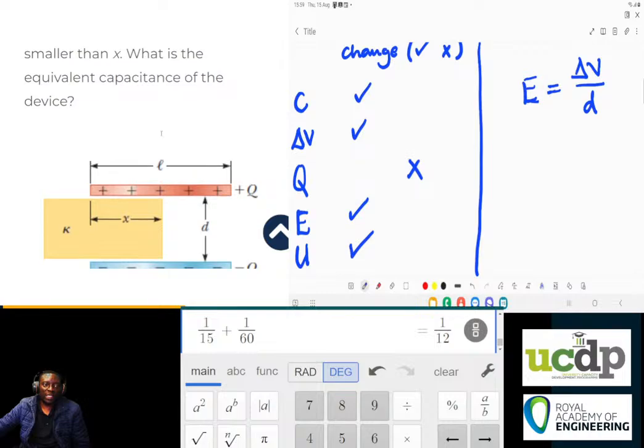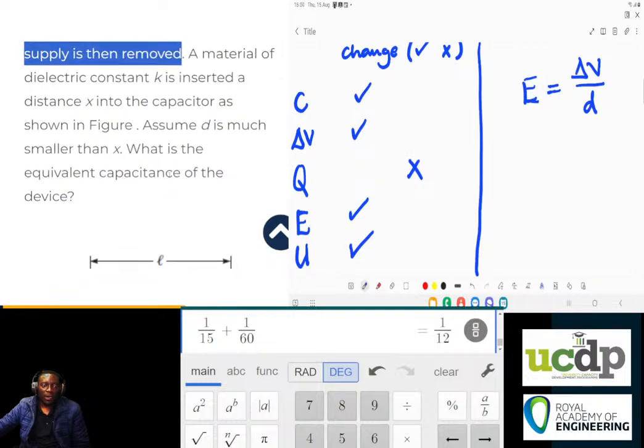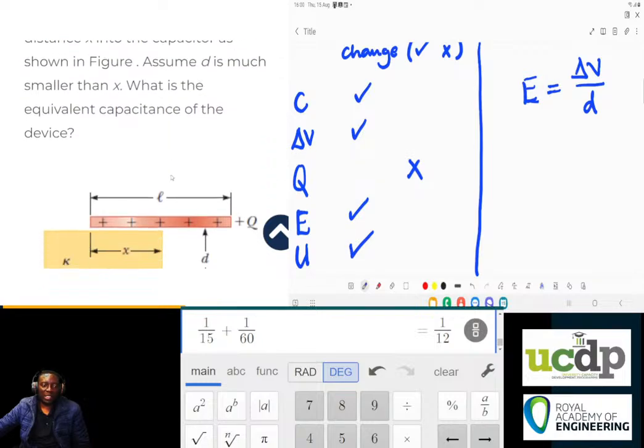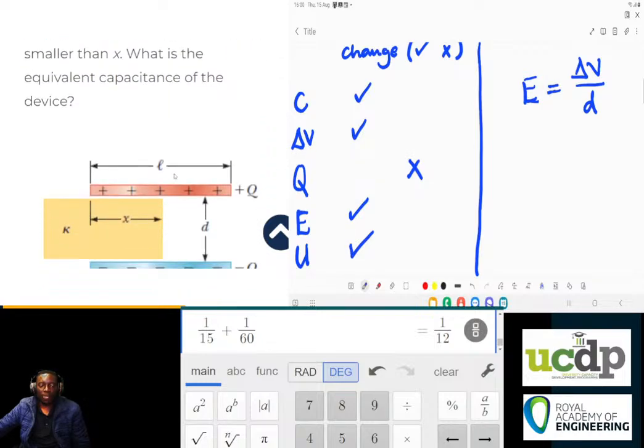So if D is much smaller than x, which is the distance of separation is much smaller than the amount of the dielectric that has been inserted into the capacitor, what is the equivalent capacitance of this device? Where do we start? Or what do you think we do with the equivalent capacitance in this case?